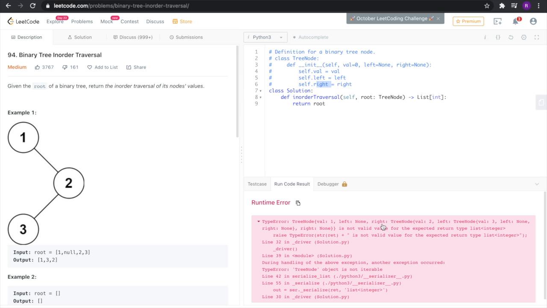In this case, we have left being none because there's no tree node here, and we have that right has its own tree node with a value of 2, and left of that tree node is another tree node with value 3 who has left of none and right of none. And then this right is referencing this tree node. So right of 2 is also none. And then left of the very first tree node is also none.